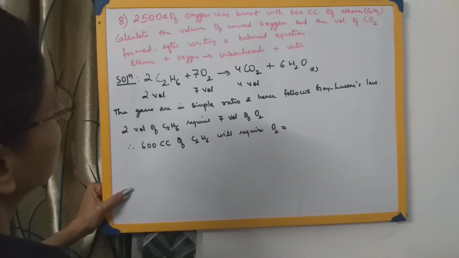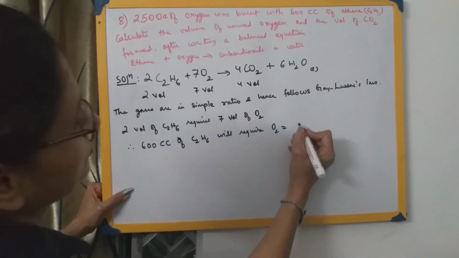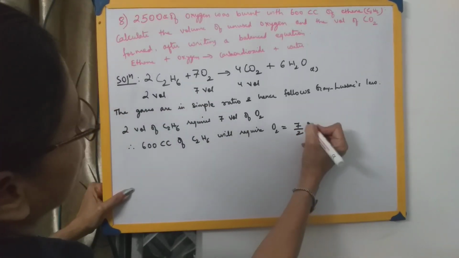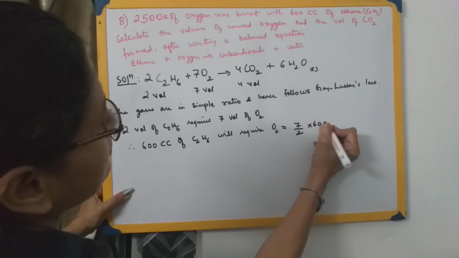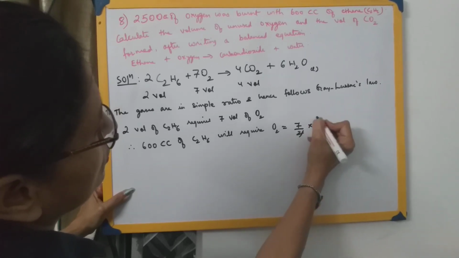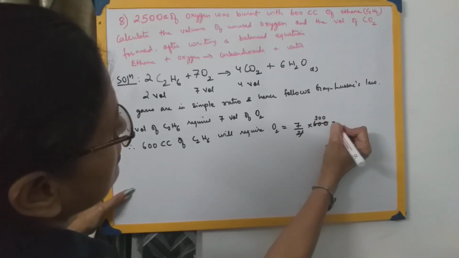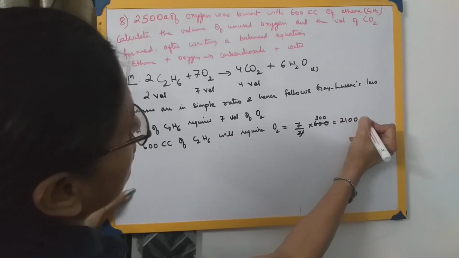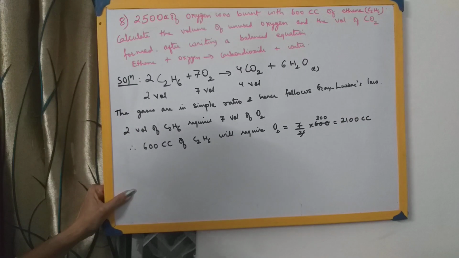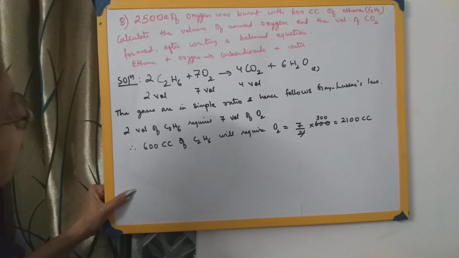What will we be doing over here? 7 by 2 into 600. So this is 2 3s, so that is 2100 cc. So required oxygen is 2100 cc.